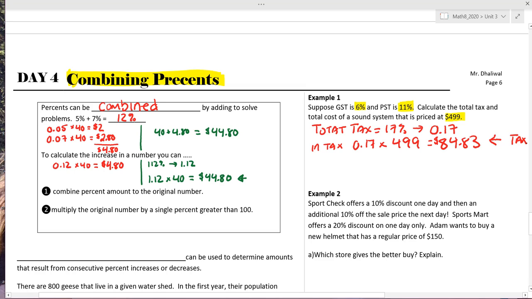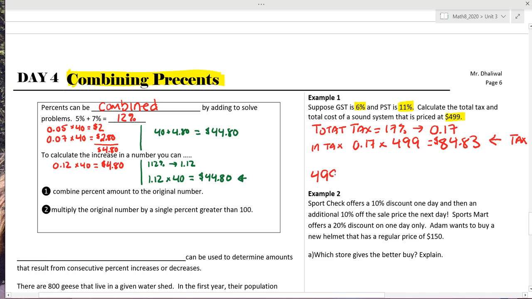So how much did the stereo system cost? What did we do? Right, we paid $84.83. And what's our next step to find out how much is the total bill? Yes, Dylan. Add it. Yeah, add it to the price of the system.